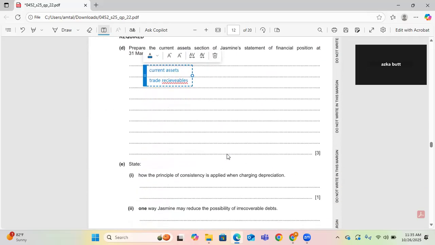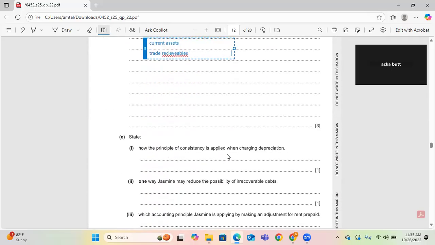So 11,500, less provision for doubtful debts, 345. So 11,500 minus 345 is equal to 11,155.